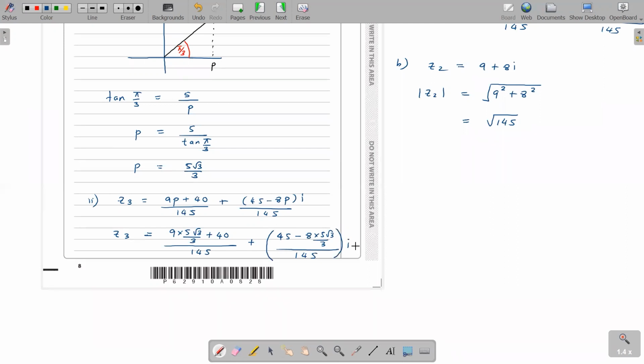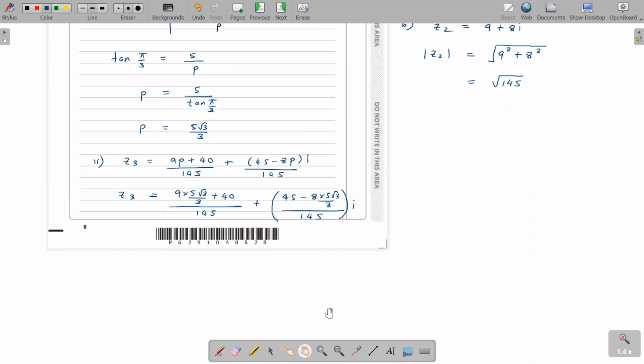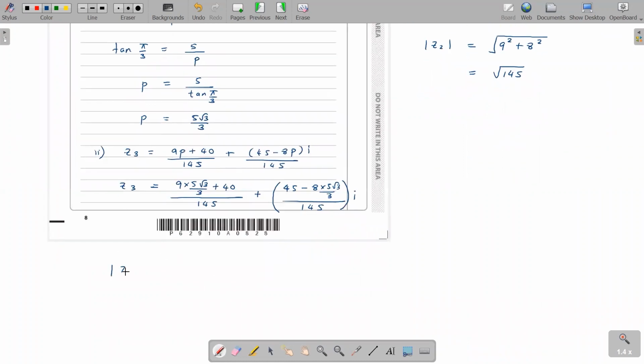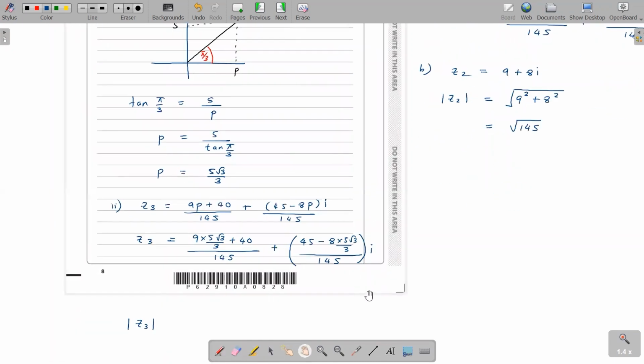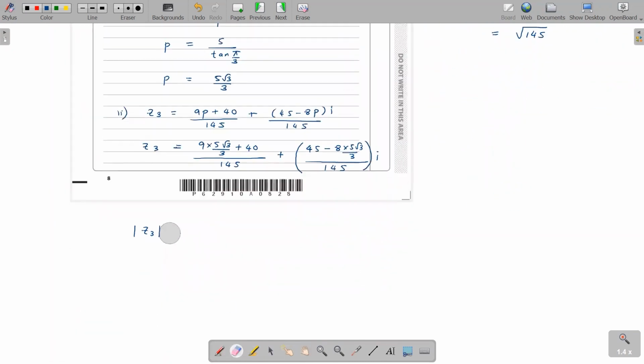This is your i coefficient. Are you with me? So then how do we get the modulus of Z3? Do they want the exact answer? Or demand the exact modulus? Okay, so in that case, shall we simplify this before taking the modulus?